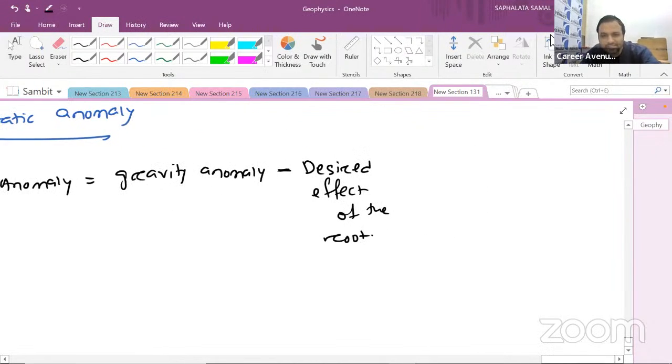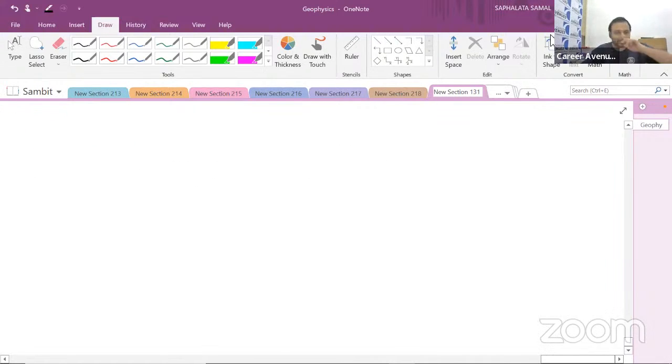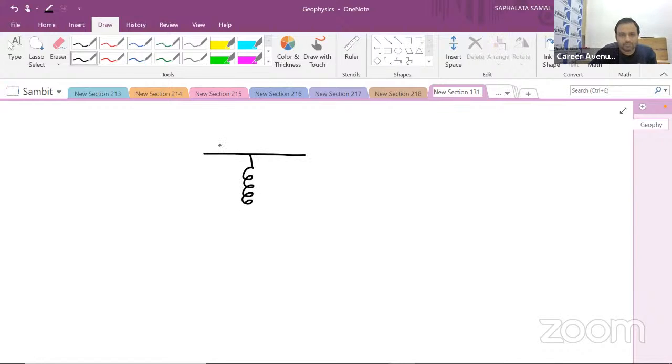So the basic difference is, in the stable type of gravimeter, you have a spring having mass m.